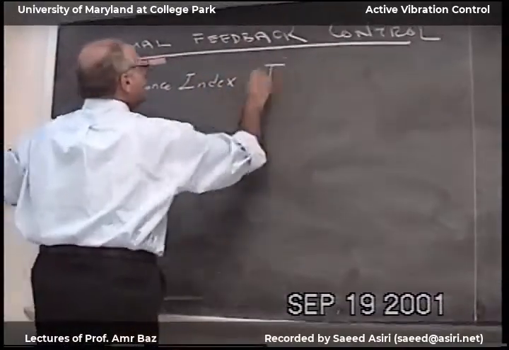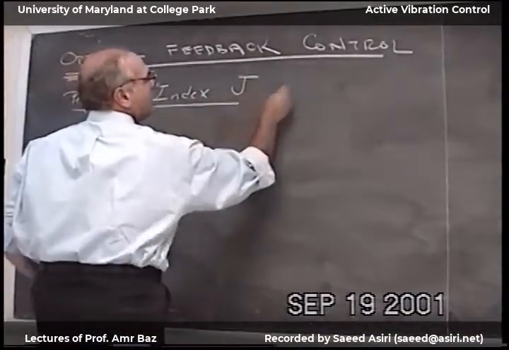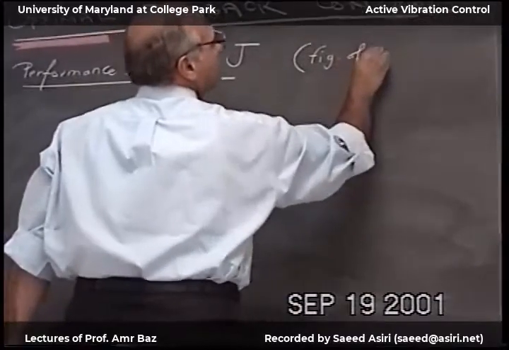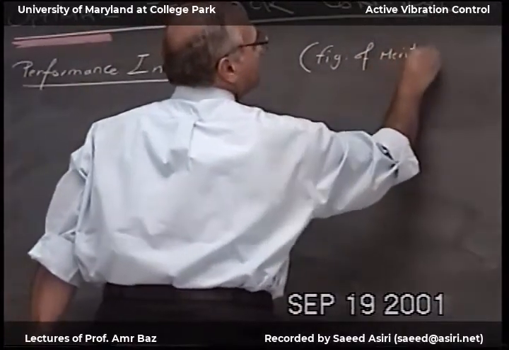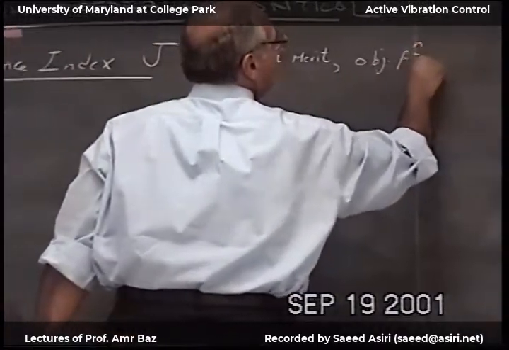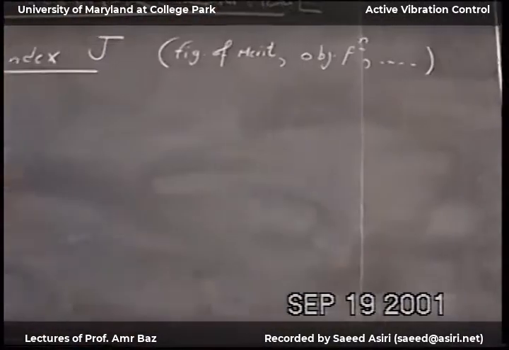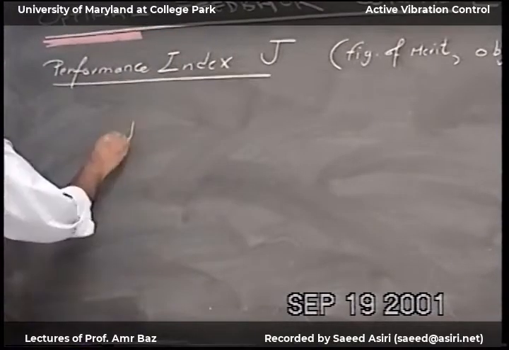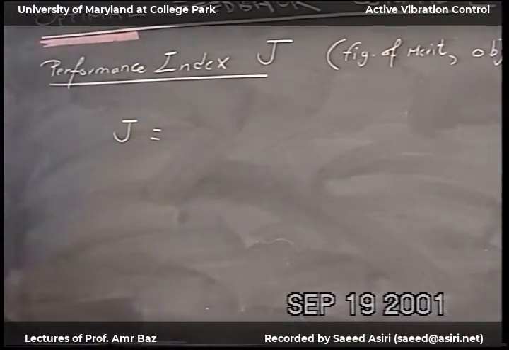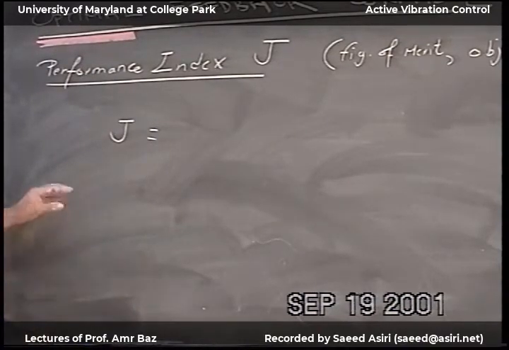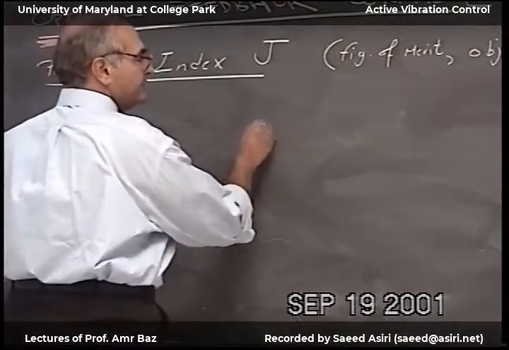And it's called the J. And this is called also figure of merit, objective function and so on. In control theories, performance index is very common, and this performance index has several things. The first thing is system energy.